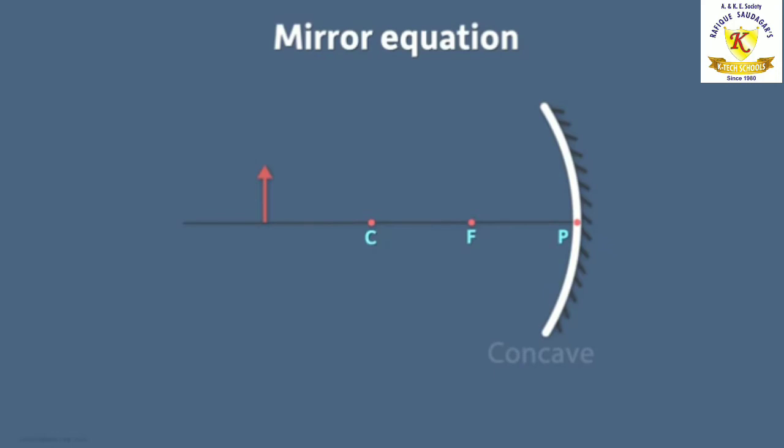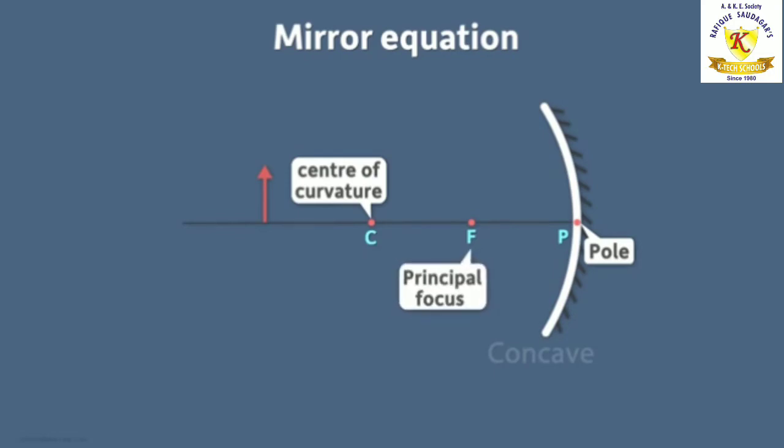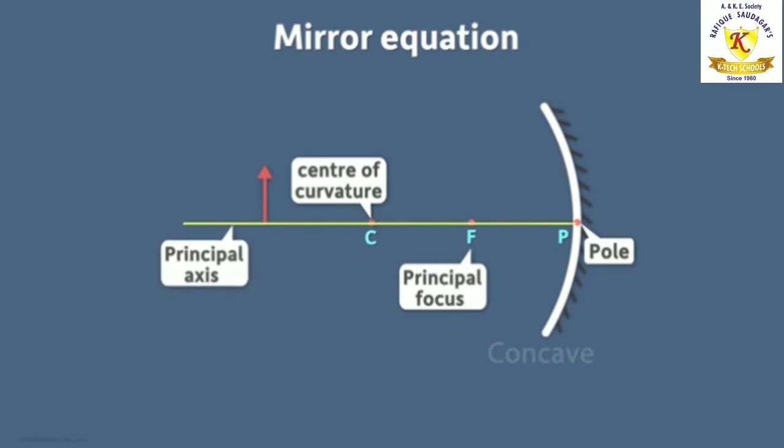You are already familiar with all the symbols. P is the pole, C is the center of curvature. It is the center of a sphere of which the reflecting surface is a part. The midpoint of C and P is the principal focus F. And finally, the line which joins all of them is called the principal axis.